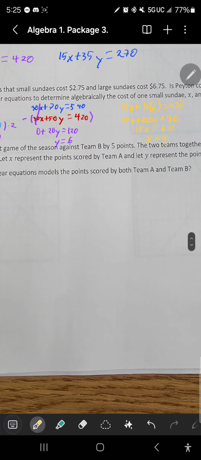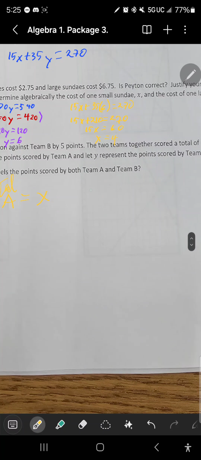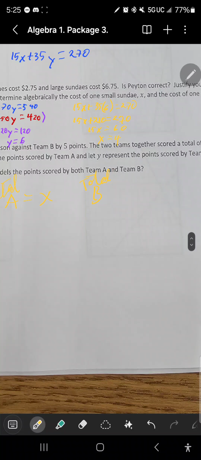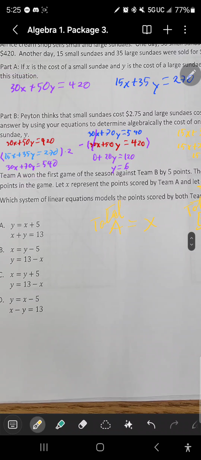Okay. So A is going to be equal X, the total amount. Now the total B will be Y. So right now we have this.